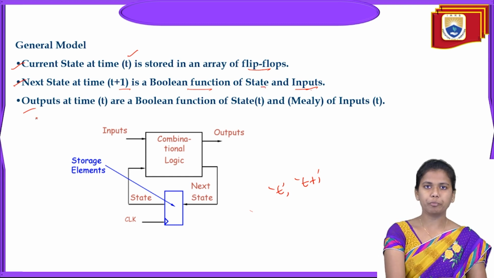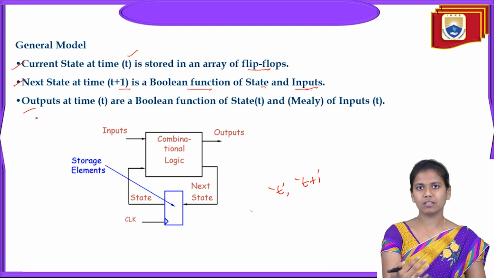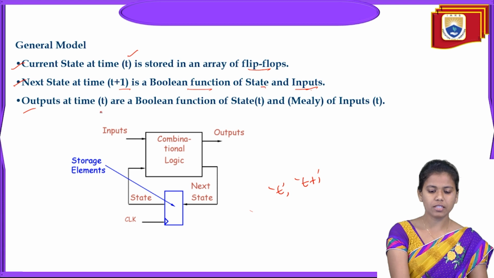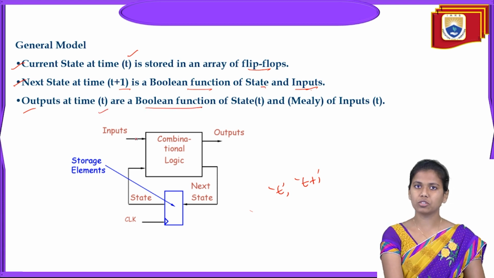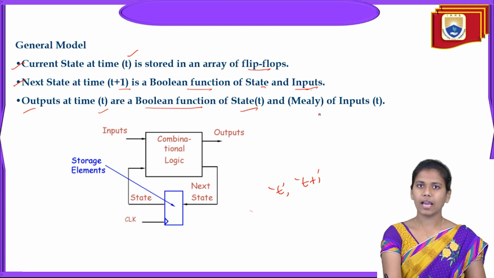And then the output. After the next state, we go to the output. The output at time T is a Boolean function of the state at time T and, for a Mealy machine, of the inputs.